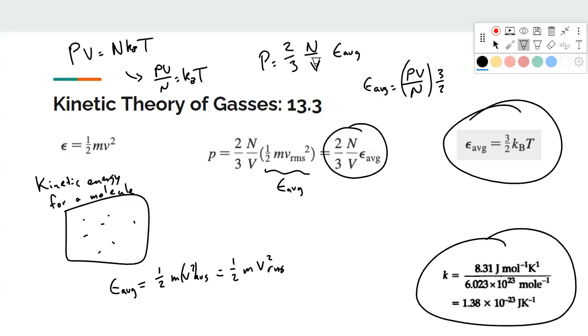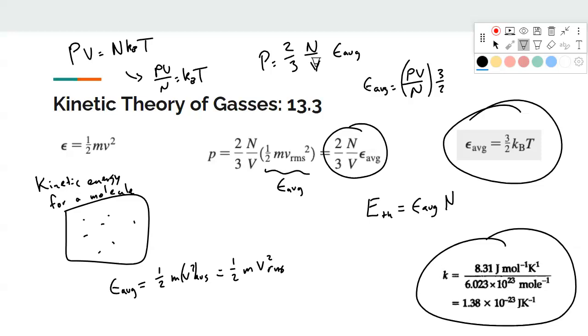And you know, this is talking about the energy of one of these molecules, which is really small. But since this is an average, what we can do is we can say that the total thermal energy is just going to be the energy from one of these particles times the number of particles. Okay, so if I have a box with 10^23 molecules in it, I just have to multiply 10^23 by the average energy, and I'm going to get the total energy.